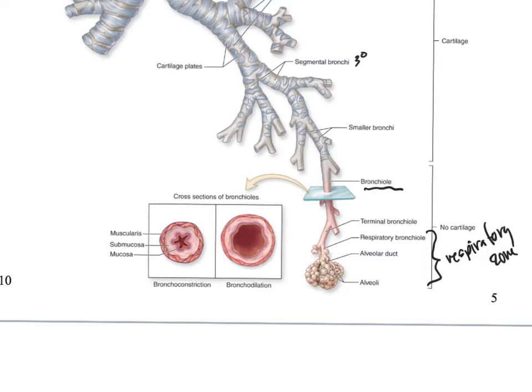Air doesn't move in as well. CO2 builds up in the alveolar ducts, causes a bunch of problems. How many of you know someone with asthma? So you know they have an inhaler. The inhaler helps to reduce the smooth muscle constriction and open up bronchioles and allow air to go through.